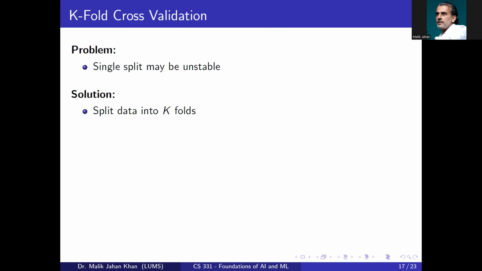So what we do is a cross-validation technique called k-fold cross-validation. The idea is to split data into k folds, k partitions, train your learner on k-1 folds, and validate on the remaining fold. So out of k folds, we are using k-1 for training purposes, and one is being used for evaluation purposes.